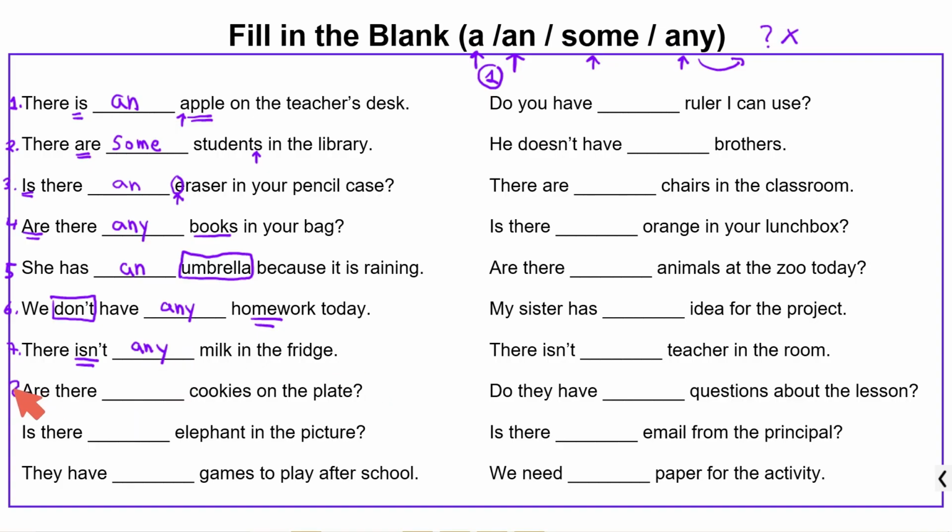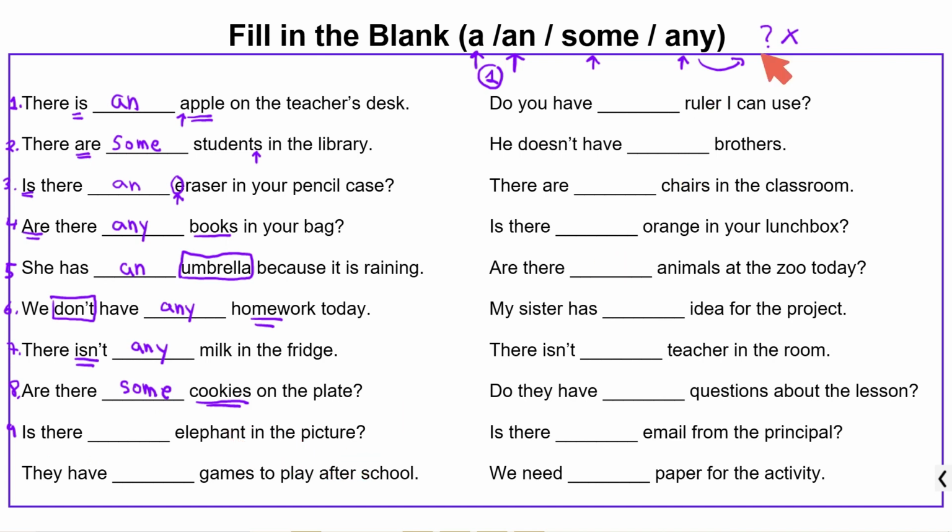Let's move on to number eight. There are blank space cookies on the plate. Cookies is plural, more than one. So we'll be using some for this one. So there are some cookies on the plate. Number nine, is there blank space elephant in the picture?